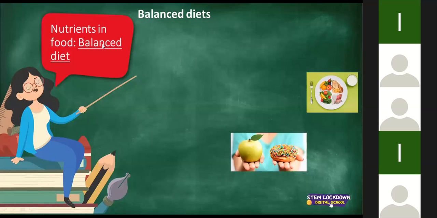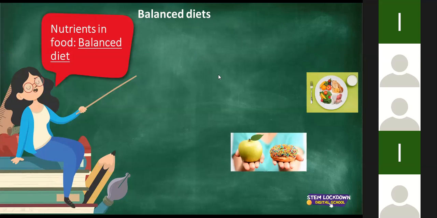Anybody? All right, Charles says control the types of food you eat. Raisa says when you have all 4 food groups in your diet. Excellent, well done. Great stuff. You guys are 100% correct. A balanced diet is when you have all 4 food groups.